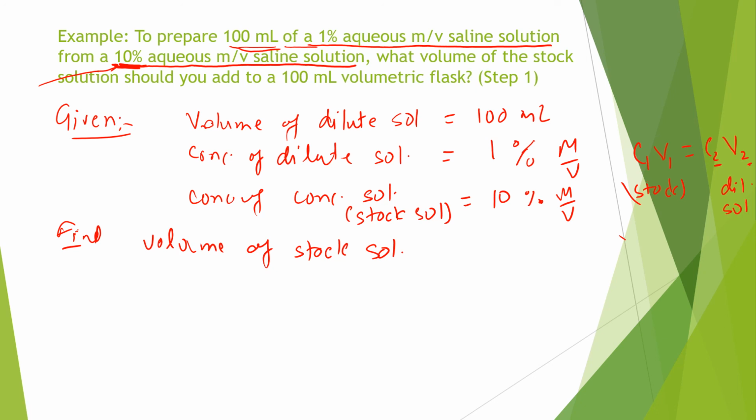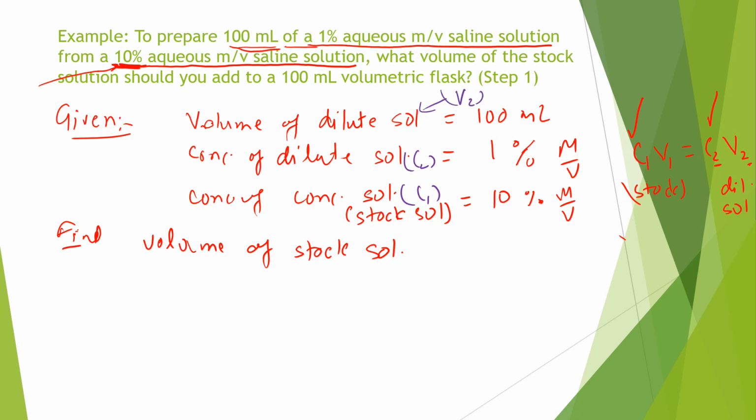So let's plug in the values. We already know the value of C1, and we already know the value of C2. C2 is the concentration of dilute solution, this value would be C1, and this value would be V2. That's the volume of dilute solution.